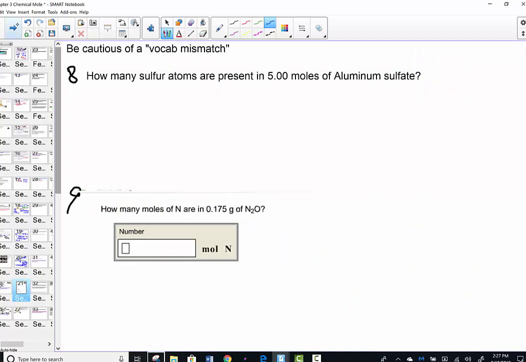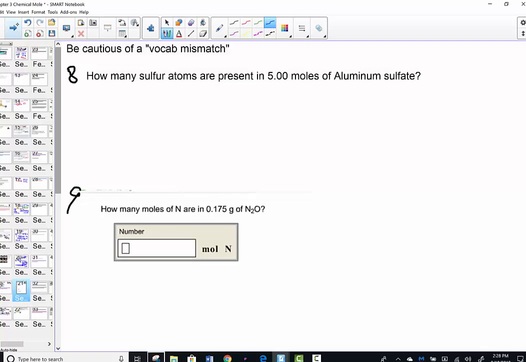I'd like to model some from your homework, so you might want to keep these. You'll see these on Sapling. I said let's be cautious of what we call a vocabulary mismatch. What I'm referring to is, number 8 is a vocabulary mismatch.